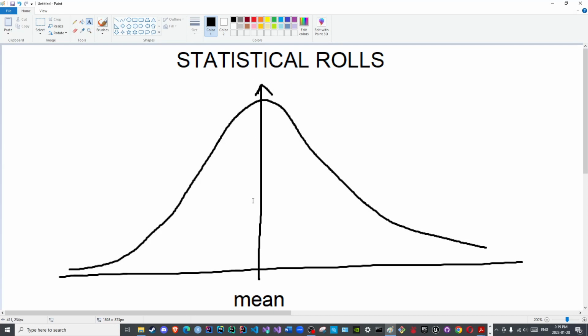The reason the middle point is the highest point indicates that if your data is closer to the mean, that means the measurement was accurate or as precise as it could be.